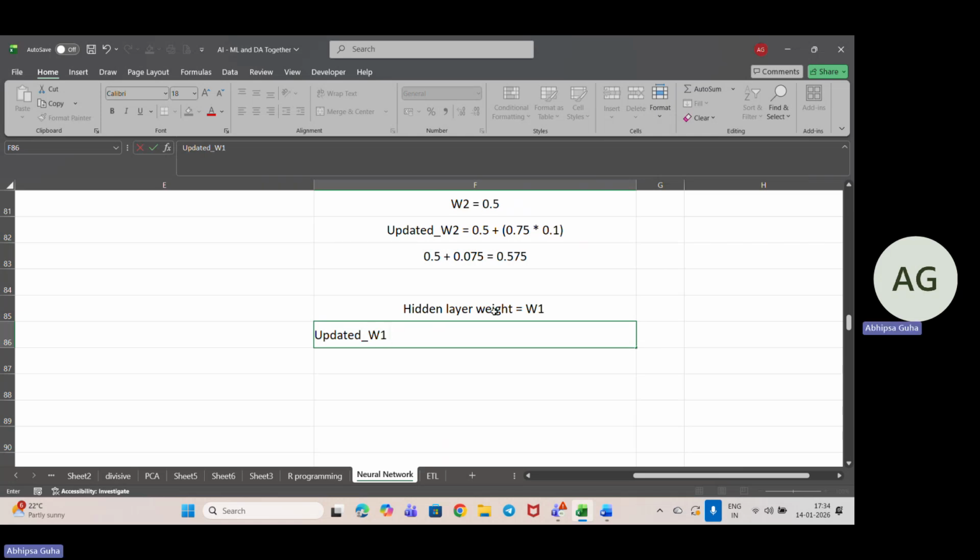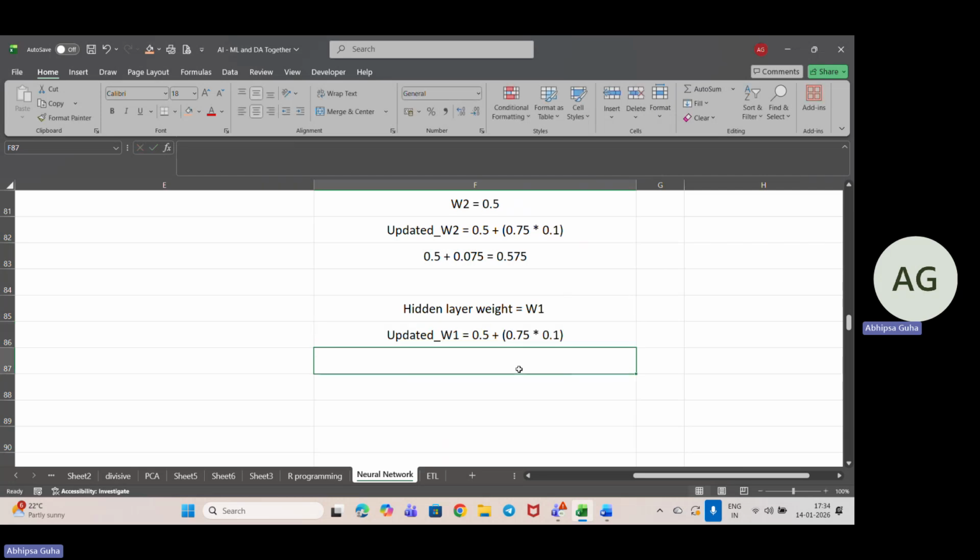So for that, I'll be doing 0.5 plus 0.75 into the value of learning rate we have taken, 0.1. Here my values are quite the same. So my updated W1 value is coming out as 0.575.